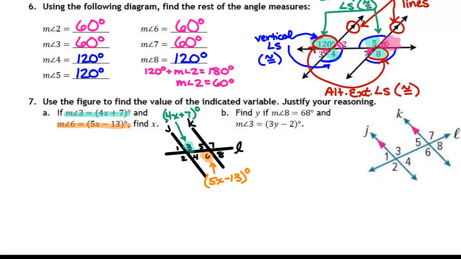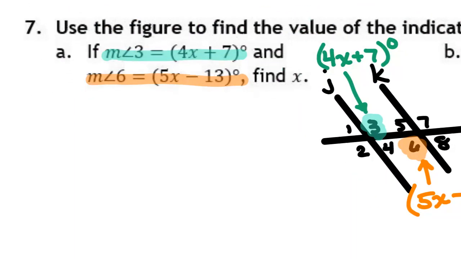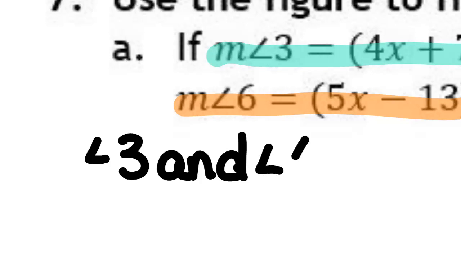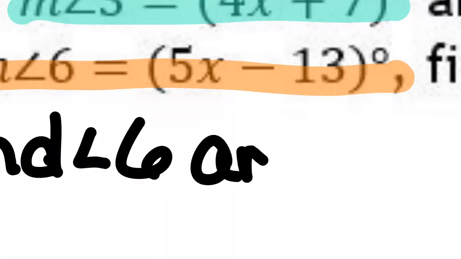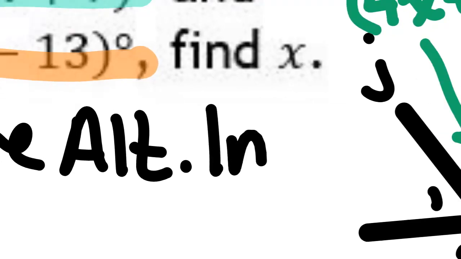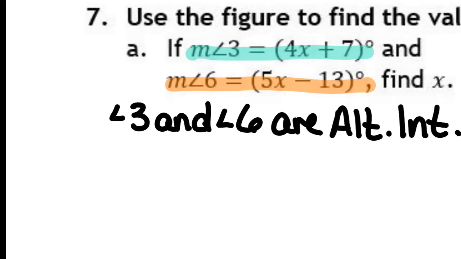Are they alternate? Are they consecutive? Are they interior? Are they exterior? Alternate interior angles, yes. Angle 3 and angle 6 are alternate interior angles. And so they are congruent, because they're alternate interior.